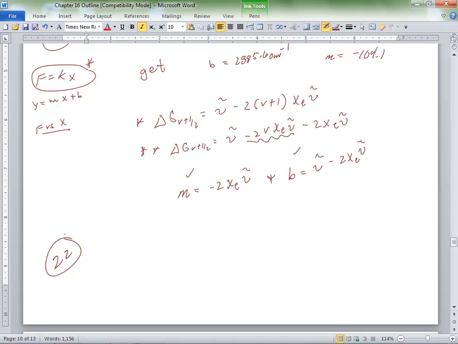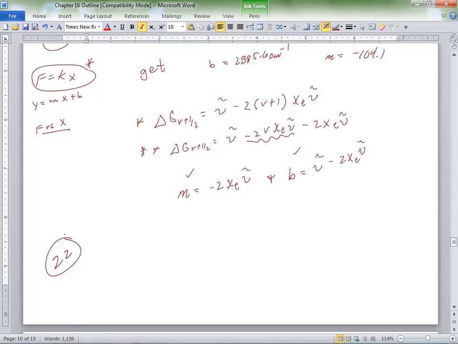Well, how many unknowns do we have? Calculate the wave number and x_e. So you have 2. If you have 2 unknowns, you have to write 2 equations. So we'll just write 2 equations. We'll write the equations for the V equals 0 to 1 transition and the V equals 0 to 2 transition.